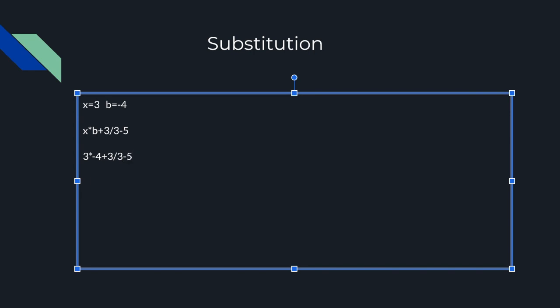That's the first thing you do, even before PEMDAS, as I said in the previous video. Before you do anything, you want to take your substitutions and make them into numbers. This makes everything a lot easier.